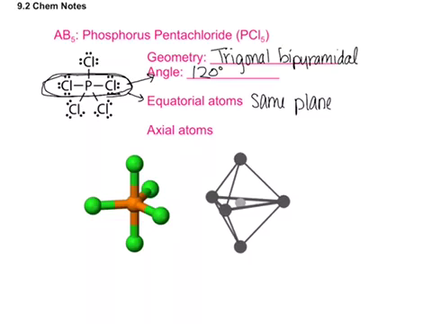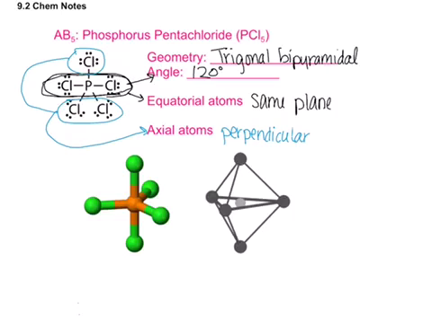The other 2 atoms that we have, these are your axial atoms. They lay perpendicular to the equatorial atoms. So in this diagram, these 3 are your equatorial, and then these would be your axial because they're at that 90-degree angle.